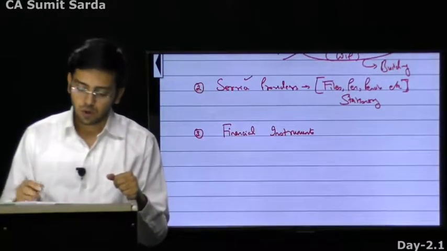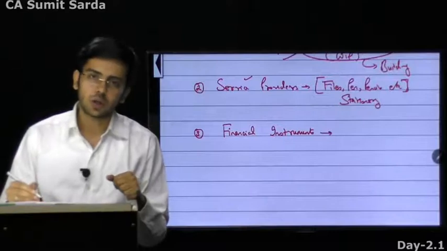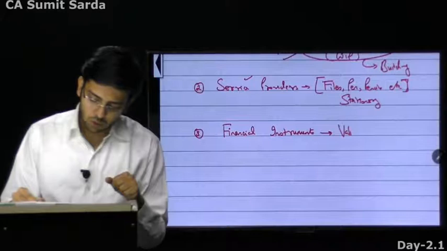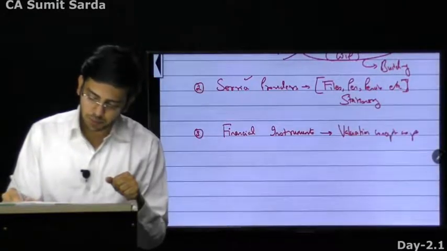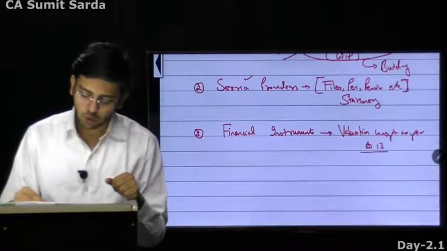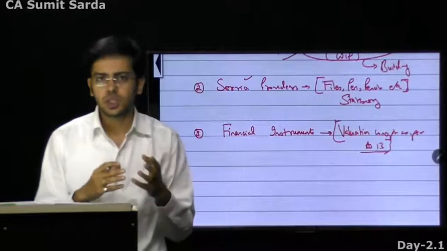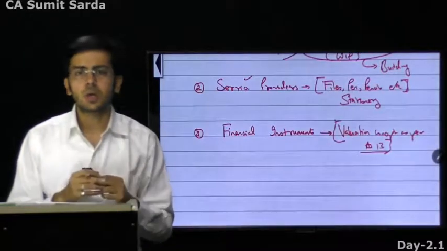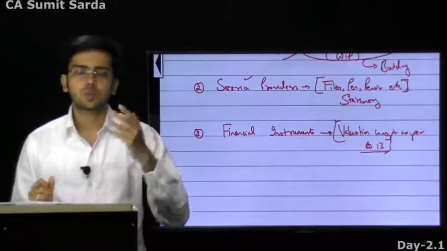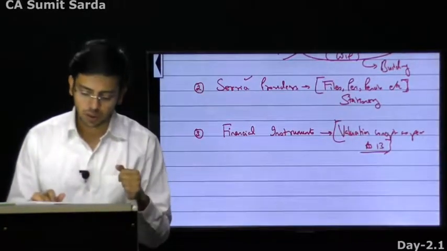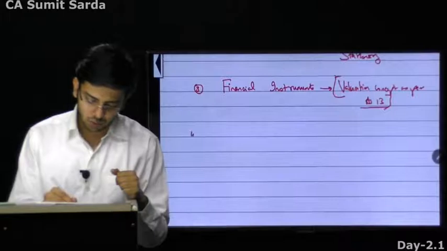For them, financial instruments are not covered under AS2. They use the valuation concept as per AS13. Though for them these shares and debentures are not investments, they are inventory, they have to use the valuation concept as per AS13 as the guidance that has been provided. Financial instruments are not covered under AS2.